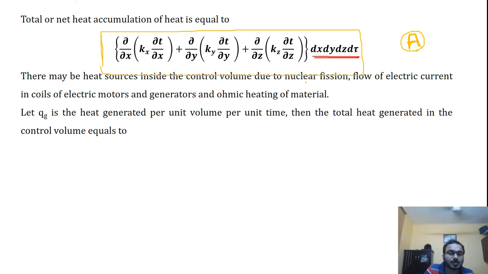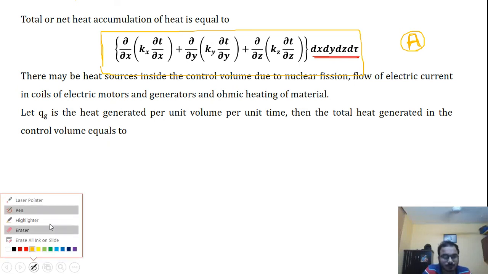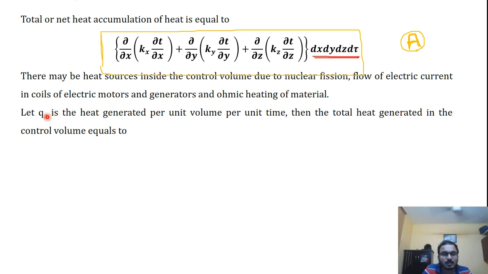Let us say that Qg is the value of heat generated per unit volume per unit time. Then the total heat generated in the control volume is given by this formula. So Qg is multiplied with the volume and time.